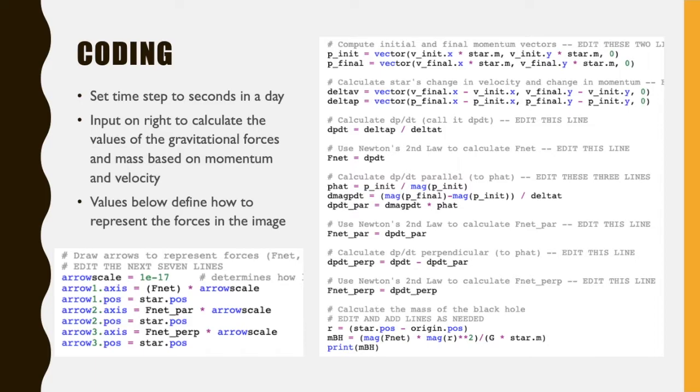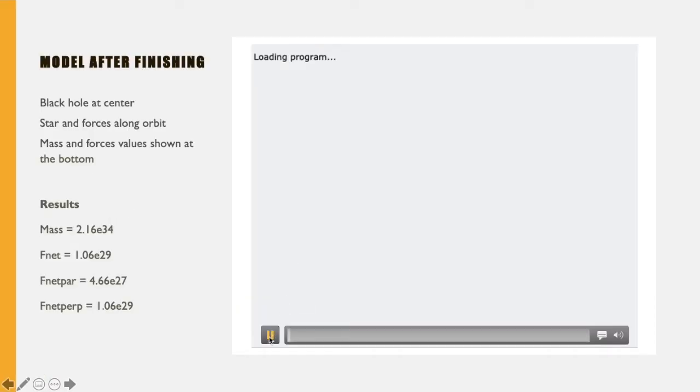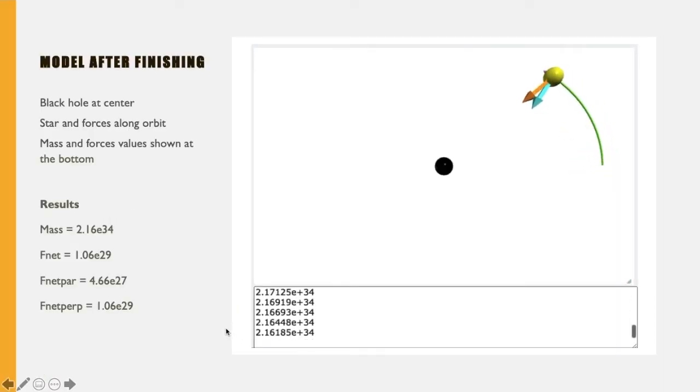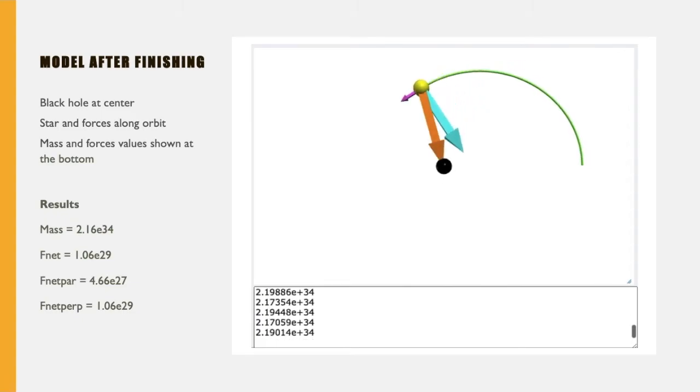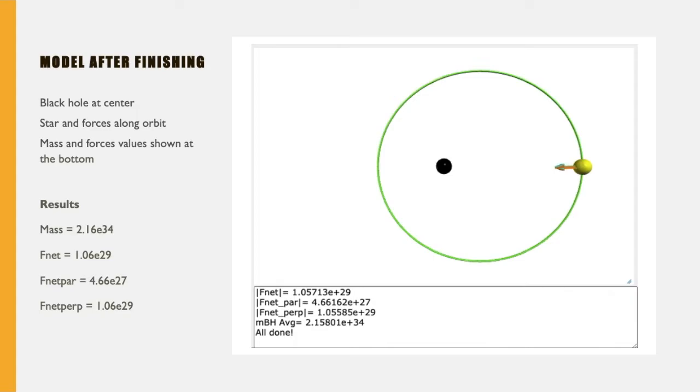Then we are going to represent the arrows in our calculations by just multiplying the forces by the arrow scales. And that looks as follows. As you can see, the parallel and perpendicular forces of the gravitation change as the star travels in orbit around the black hole.